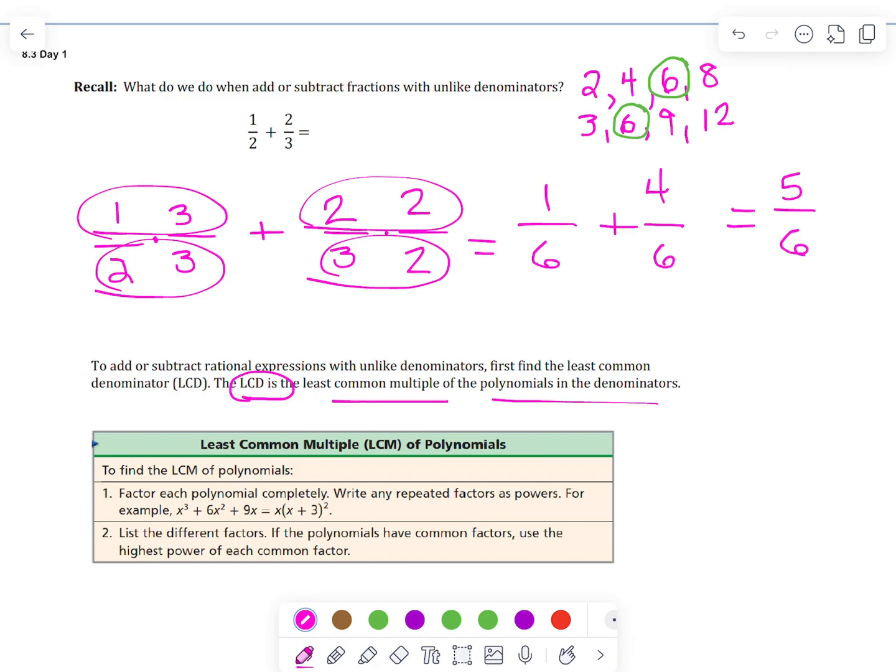So when you do this with rational expressions, you have to find the least common multiple by first factoring the polynomials completely, write any repeated factors, and then list the factors that have common factors, and we use the highest power.